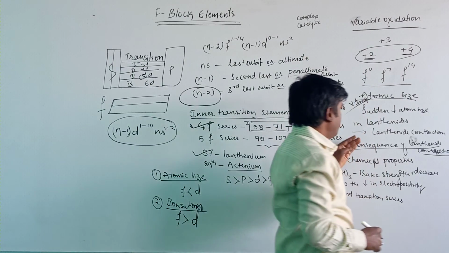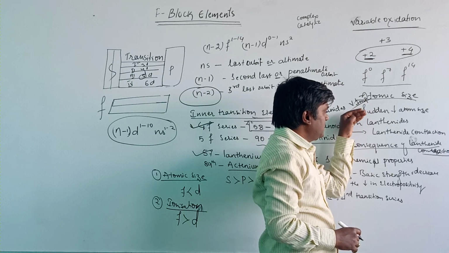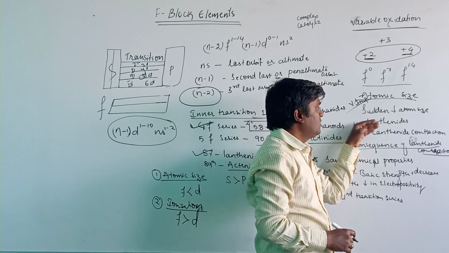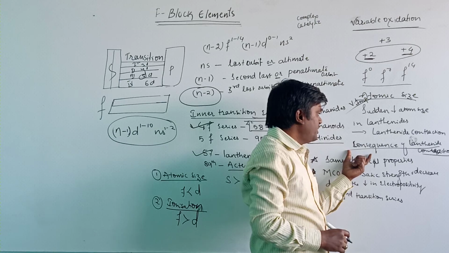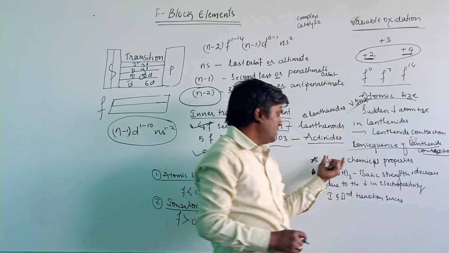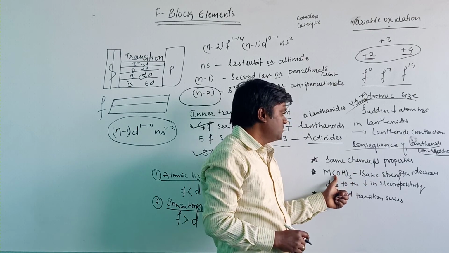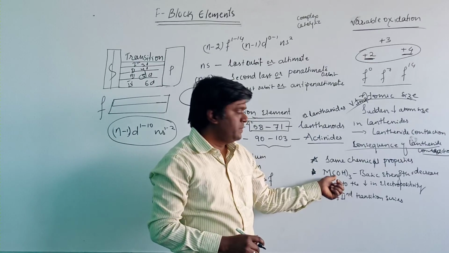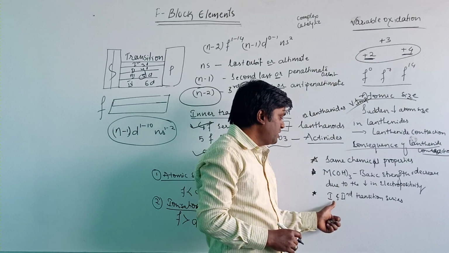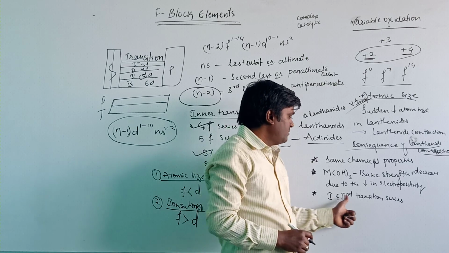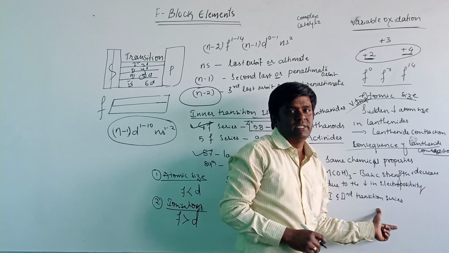Due to the sudden decrease in the atomic size, there will be the lanthanide contraction. It will show the same chemical properties, the basic strength will decrease, and it will show the same properties compared to the first and second transition series elements.